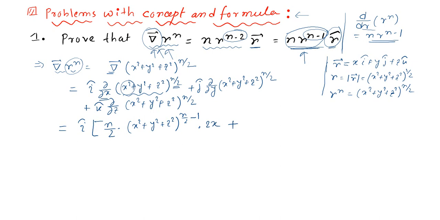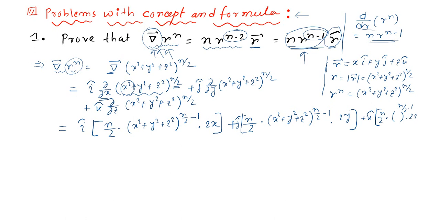Plus similarly you will get here n by 2 into x square plus y square plus z square whole to the power n by 2 minus 1 into 2y. This will be the i cap term, and this will be the j cap term, right. And the k cap term is the same thing. I am not writing repeatedly, so this will be the same to the power n by 2 minus 1, and here will be 2z, right?